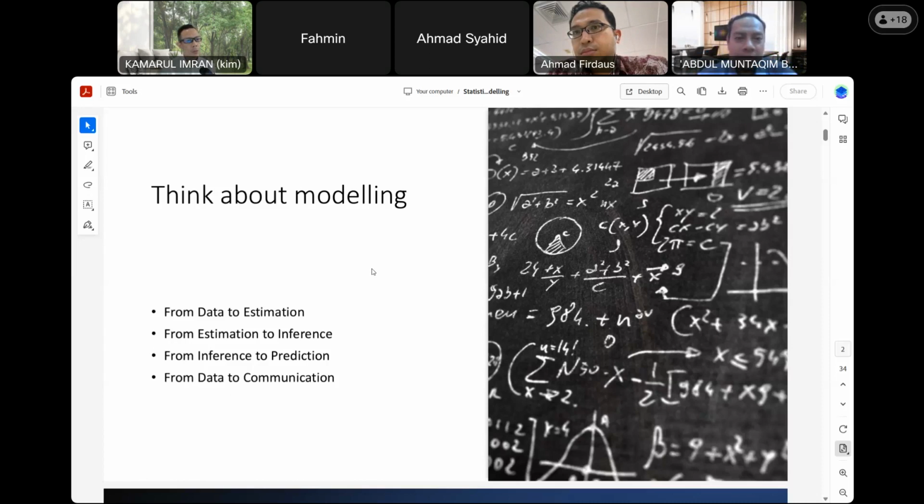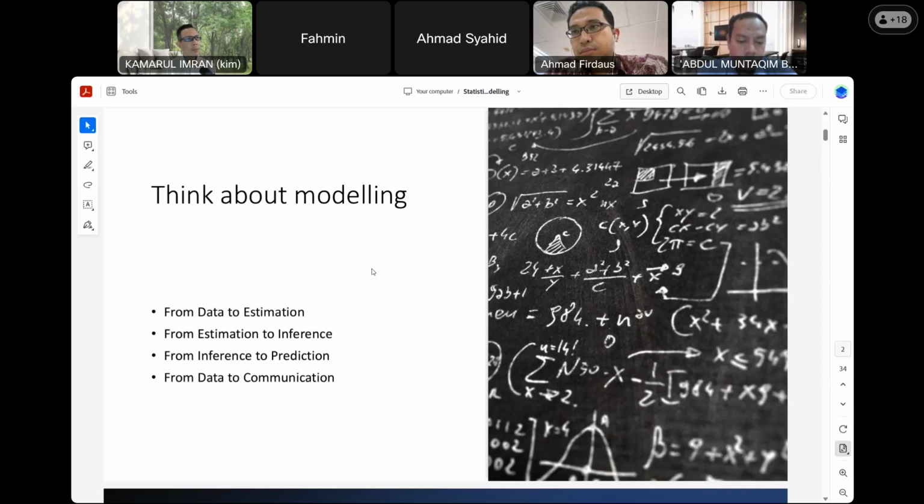How will you deal with data, from data to estimation? So when you have data, in modeling, what you want to do next is estimation.